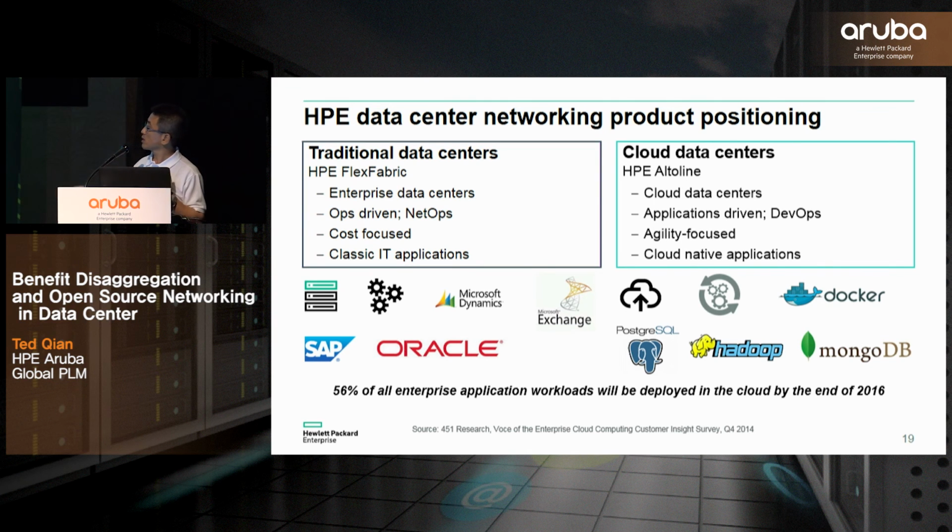Because they want to run open standard applications. They want to use open standard, OCP standard tools to help them develop cloud-based applications and do DevOps applications. So we have both teams that can support both sides of the customer.